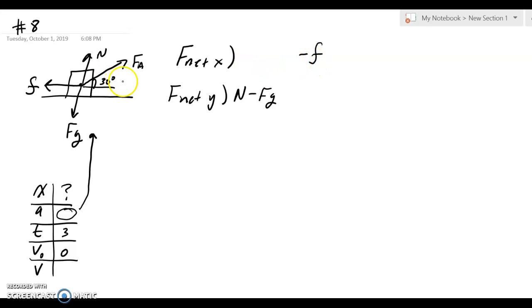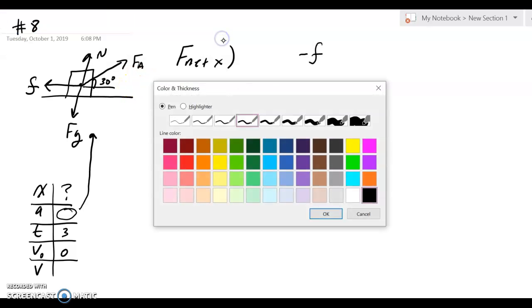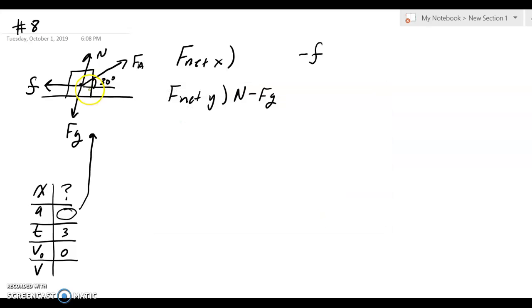Again, friction is negative, but I do know that FA, the applied force, has an angle, and so there will be some of it in the x direction and some of it in the y direction. The part going in the x direction is going to be FA cosine of theta.